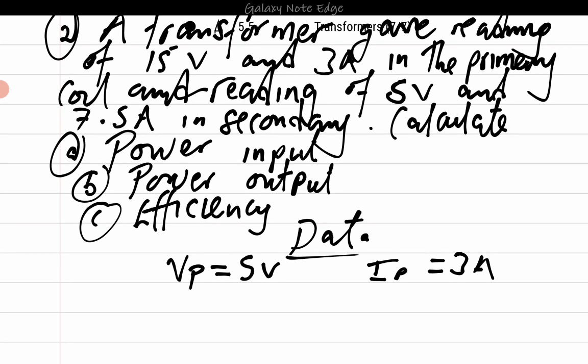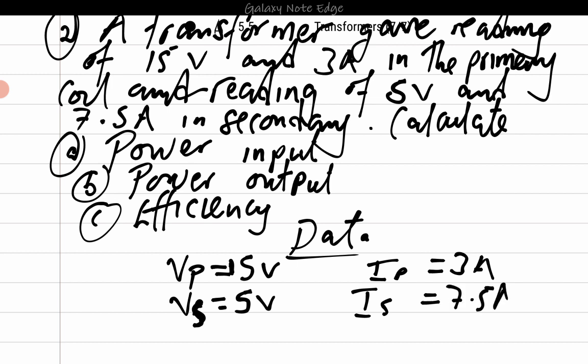Then in the secondary, so remember VP rather should be 15, then VS, sorry. So VP is 15 volts, then VS, which is V secondary, should be 5 volts, and I secondary, which is current in the secondary, is 7.5 amps.